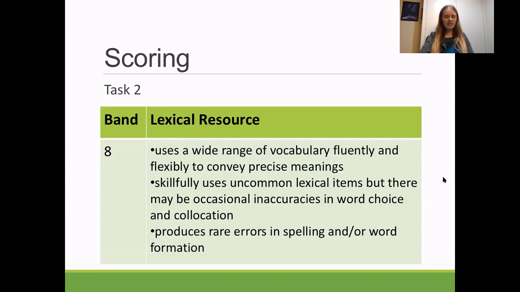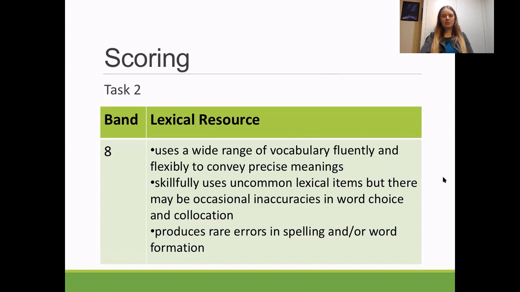For a score of 8, you would have to use a wide range of vocabulary fluently and flexibly to convey precise meanings. So you're using the words really well and it is clear what you are trying to say. Skillfully uses uncommon lexical items, but there may be occasional inaccuracies in word choice and collocation.